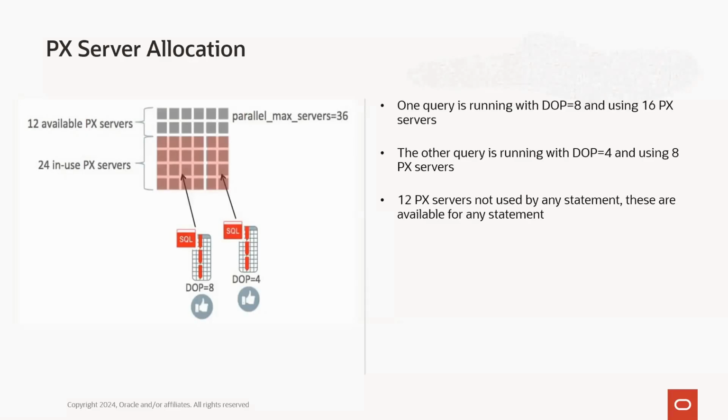So 12 PX servers are not used by any statement, and these are available for any statement. Out of these, 12 PX servers are available and the rest, 24 PX servers, are in use by different queries based on the DOP, 8 and 4 in this case.